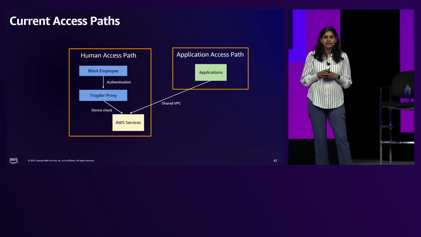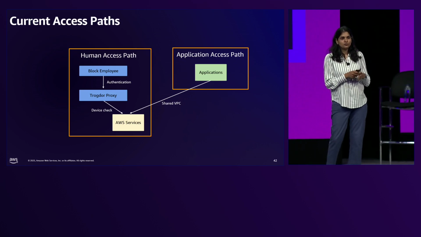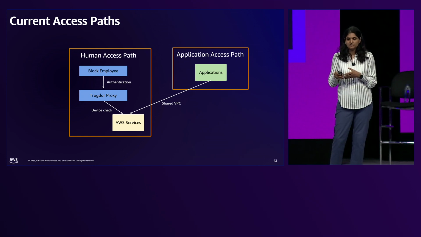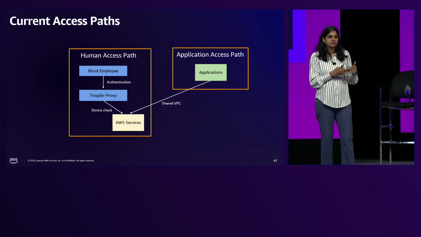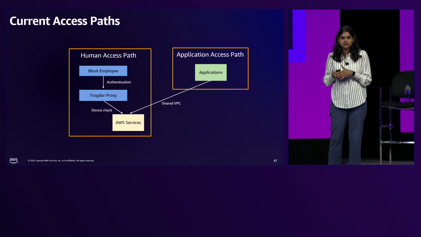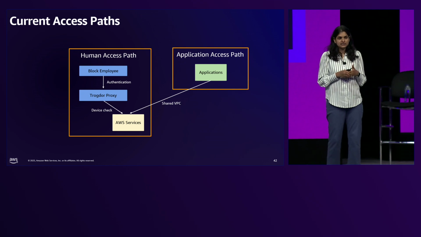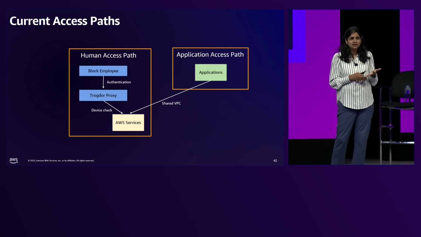For example, let's look at a human user. An employee, if they want to get access to an AWS service, needs to go via our Trogdor proxy, which is our access proxy. It performs some device attestation and some authorization checks, and then gives access to the service. This type of access is therefore device aware, time bound, and auditable.